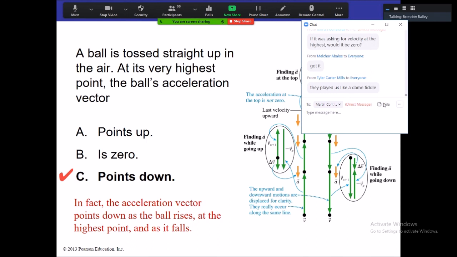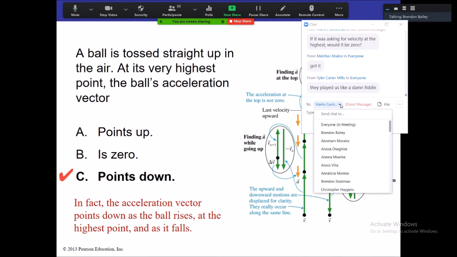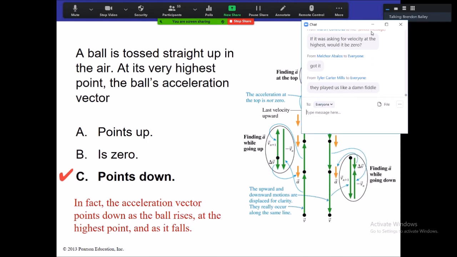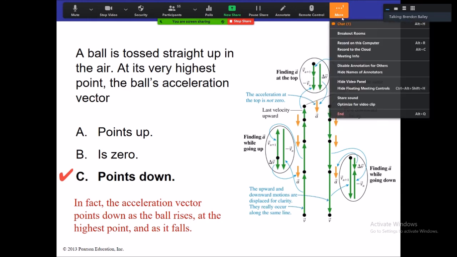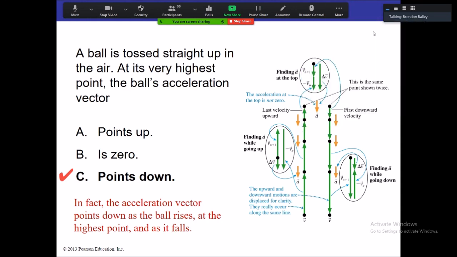I got an interesting one. What about a balloon? You let it go up into the atmosphere. It has an acceleration upwards, but then once it reaches equilibrium, it just stays there. You're right.